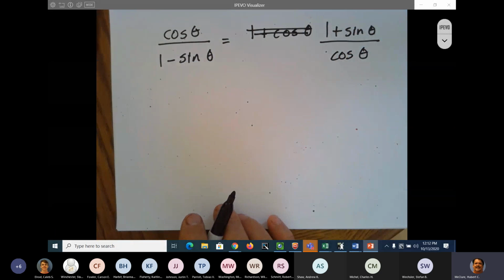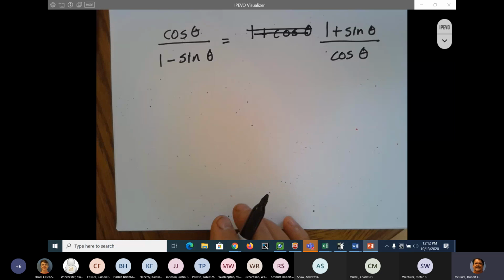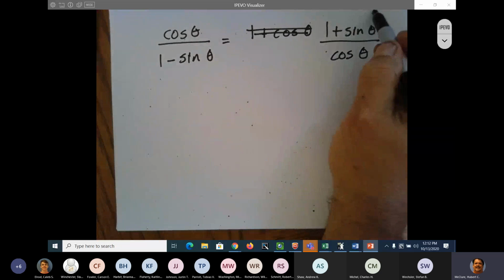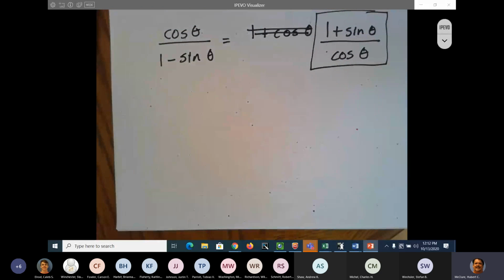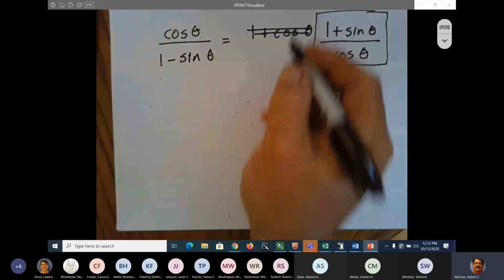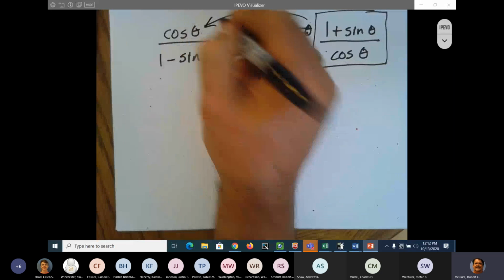Now they want you to prove one side or the other. It doesn't matter. I'm going to pick the right side, and I'm going to see if I can rewrite it to make it look like this side over here.